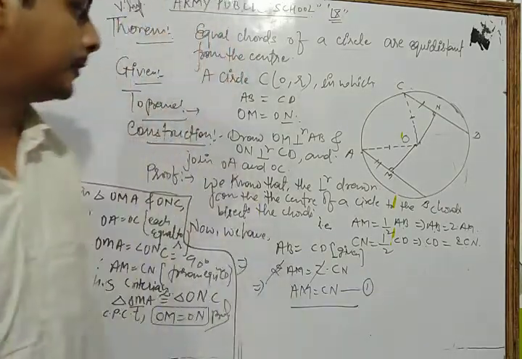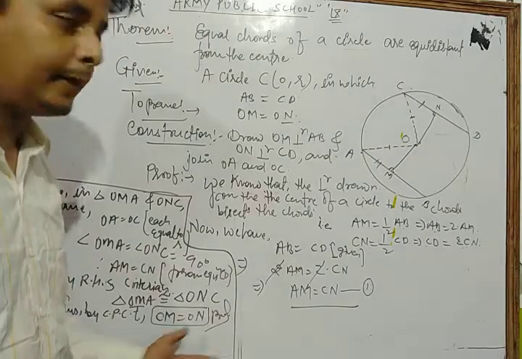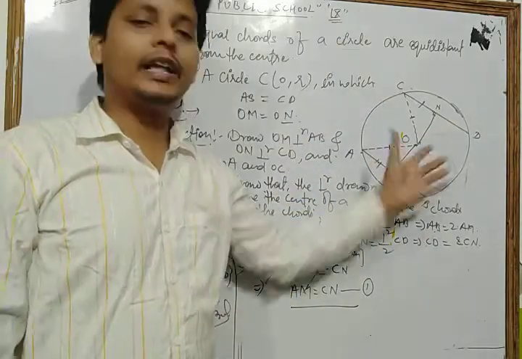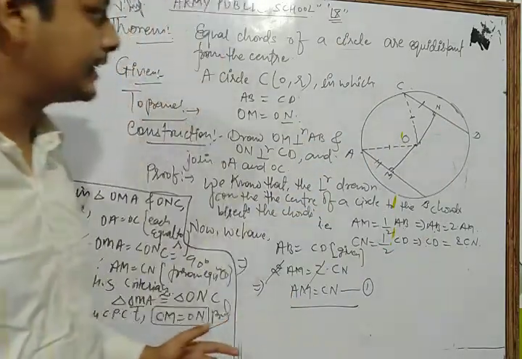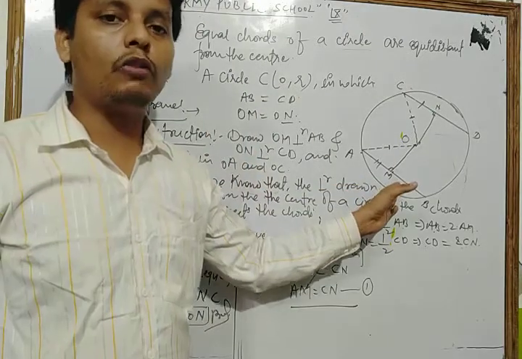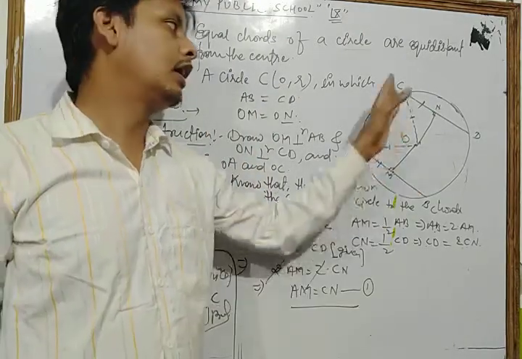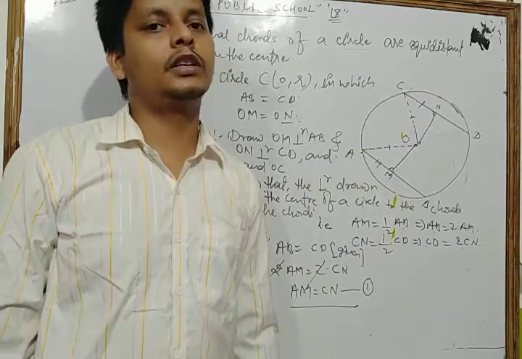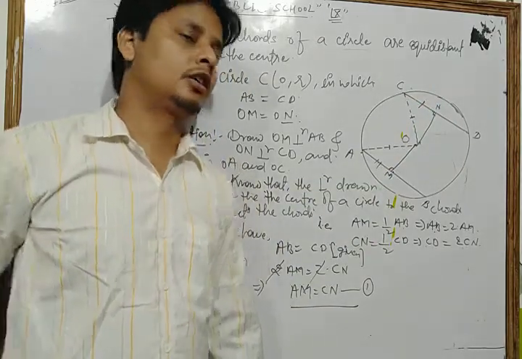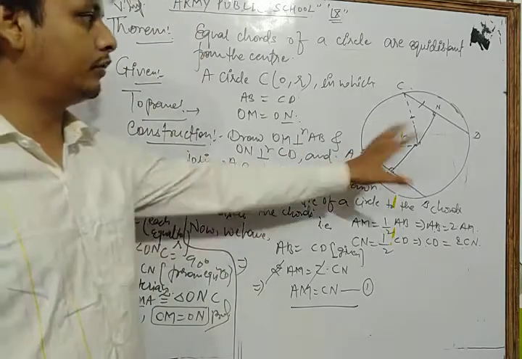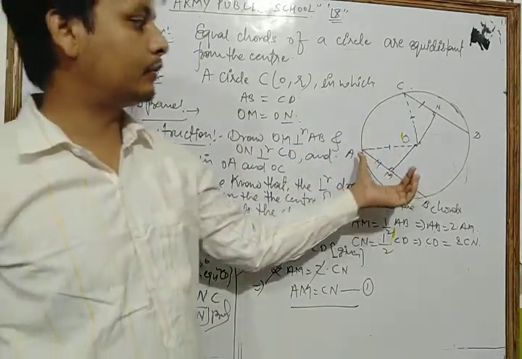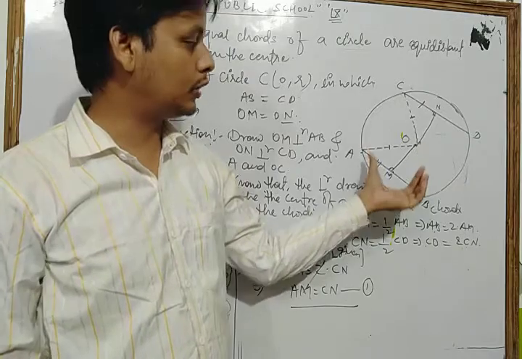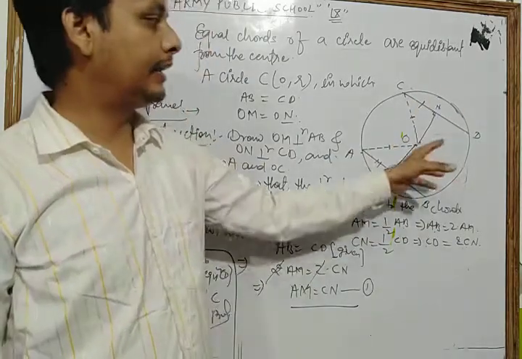So dear students, in this way we prove that theorem. So we can say that equal chords of a circle are equidistant from the center of the circle. Let's see once more. First of all, we draw a circle, and in that circle we draw two equal chords AB and CD, and take O as center.